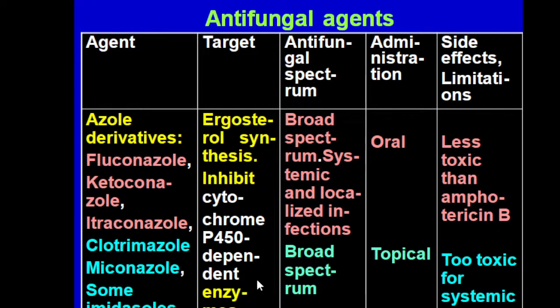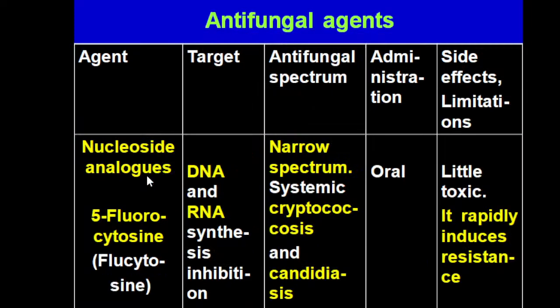And of course, they are a bit toxic for the human body. They are usually broad spectrum antifungal drugs, and they may be used systemically and locally. Some of them are too toxic to be used systemically, like clotrimazole, some imidazoles, and others. And some of them can be used systemically.